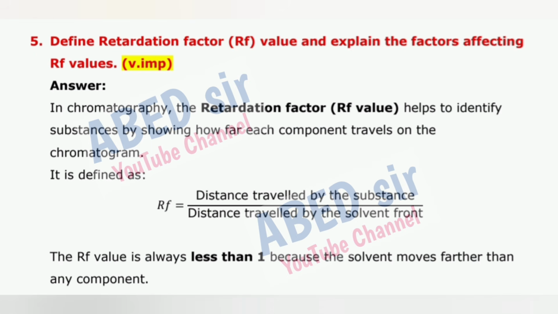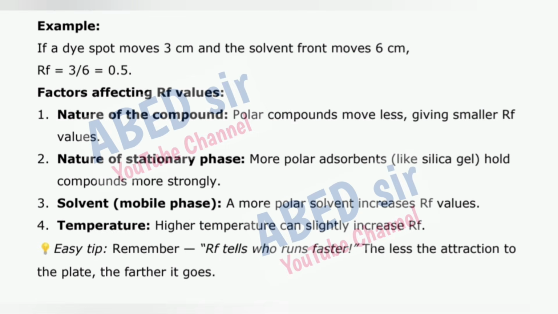The RF value is always less than 1 because the solvent moves farther than any component. Example: if a dye spot moves 3 cm and the solvent front moves 6 cm, RF equals 3/6 equals 0.5.